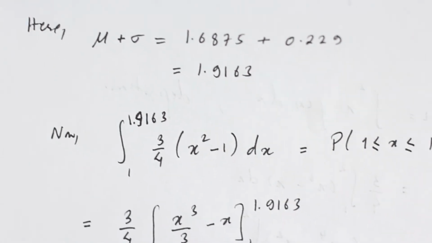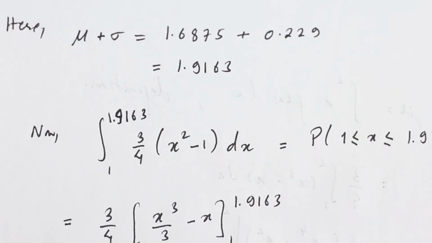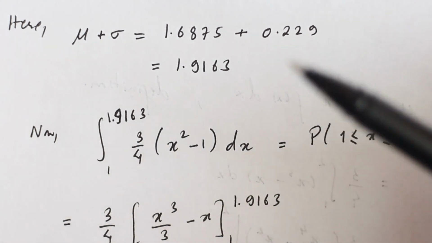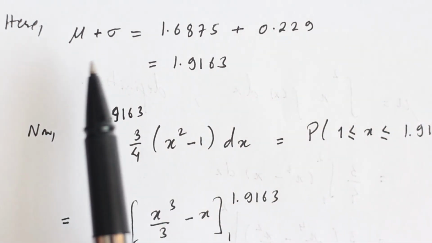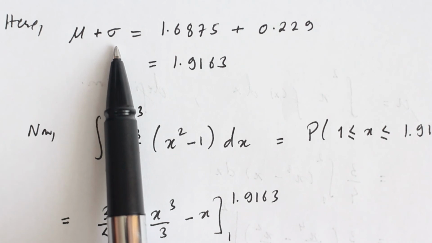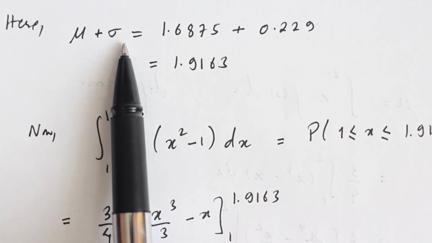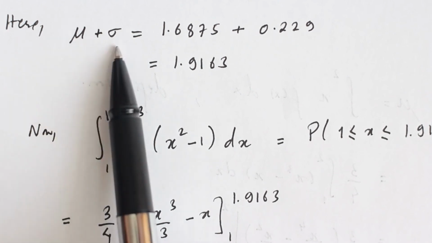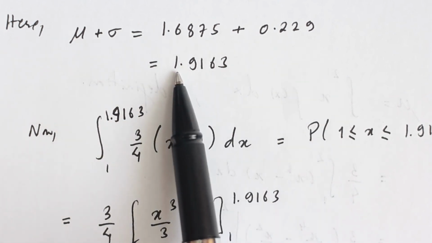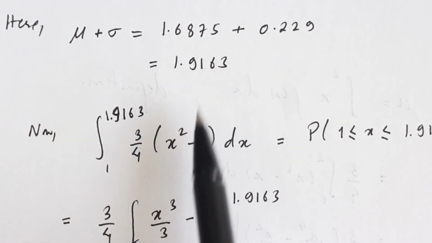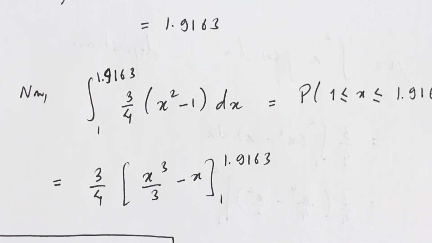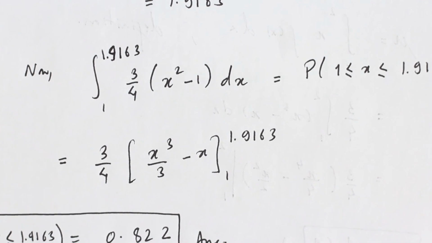Lastly, we first find mu plus sigma, because we have to integrate from 1 to this value here. We know mu, we know sigma, so we just substitute the values. Then we have to find the probability.